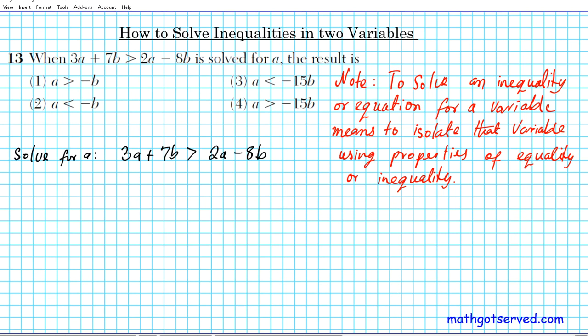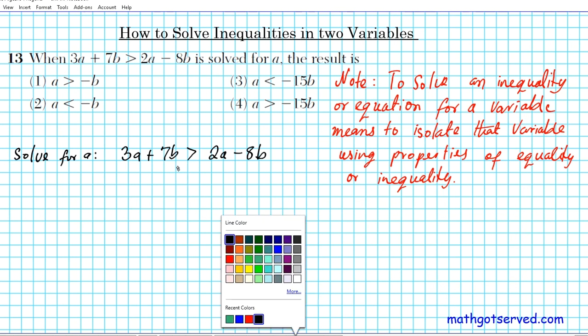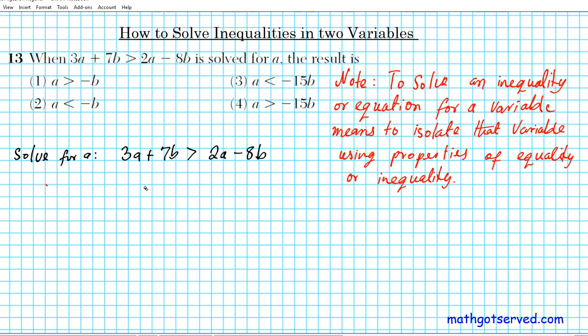So we're going to move the terms with the b's to the right side. On the left side we have positive 7b, so we need this term on the right side. How do we move positive 7b to the right side of the inequality? We use the inverse operation, right? So plus 7b, the inverse is minus 7b. So we're going to subtract 7b from both sides of the inequality.